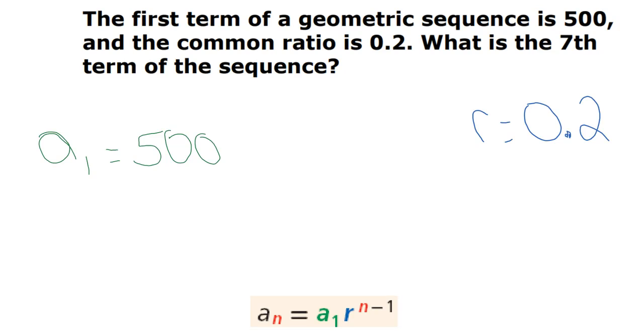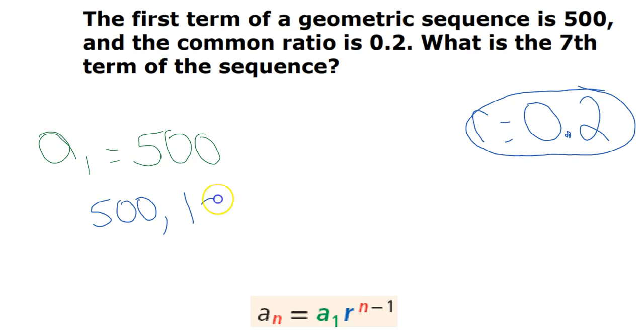Well, we could set it up and say, well, our initial value is 500. And then it decreases now, since this is a 0.2. So I could do 500 times 0.2. And I would get 100 as my second term. And I can do it again. 100 times 0.2. And I get 20 for my third term.